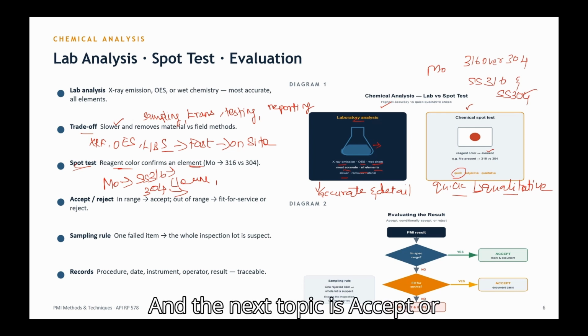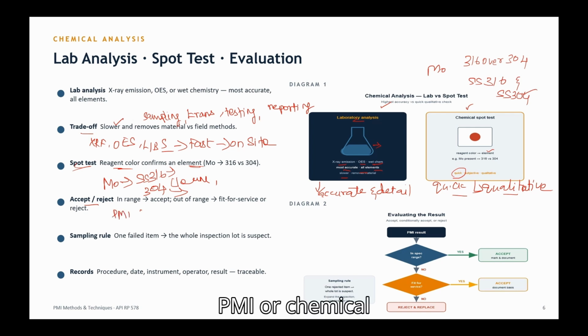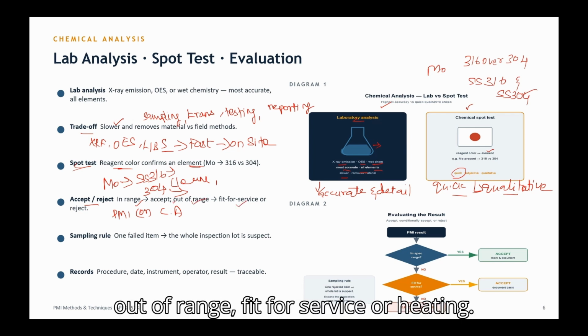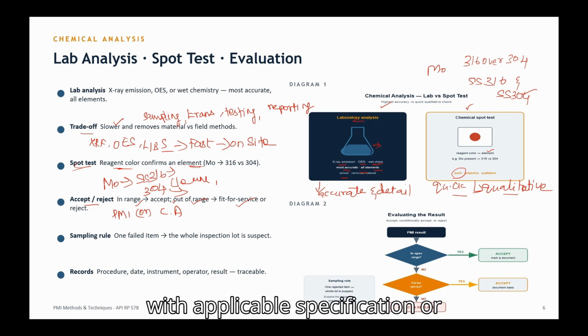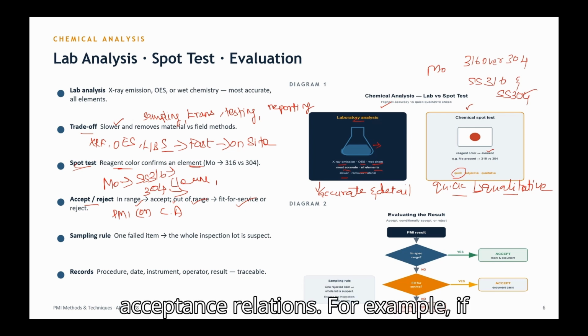And the next topic is accept or reject. After PMI or chemical analysis, the result must be evaluated properly. Here: in range, accept; out of range, fit for service or reject. This means the result must be compared with the applicable specification or acceptance range.